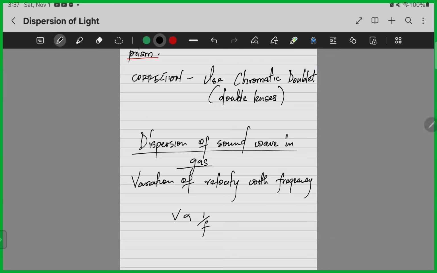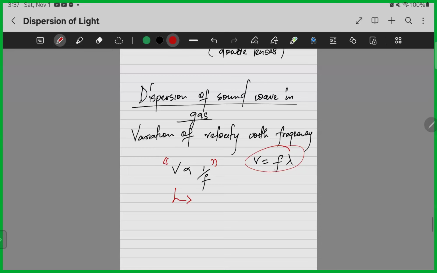Generally we know that V equals F lambda. This is the normal thing. So a variation of velocity with frequency like this one now is abnormal, because normally this relationship is a direct relationship, and this one is showing an inverse or abnormal relationship.